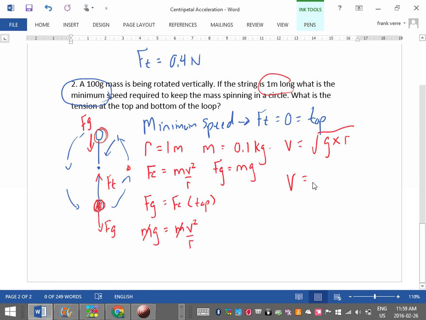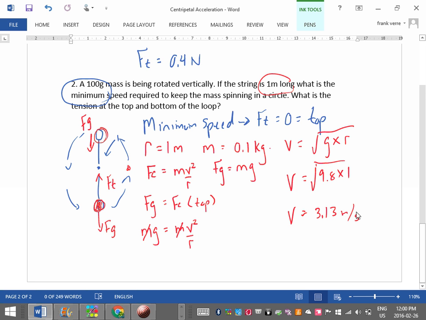So in this case, it will be the square root of 9.8 times 1. So square root of 9.8, which is what? Can't be 0. What is it? 3.13.